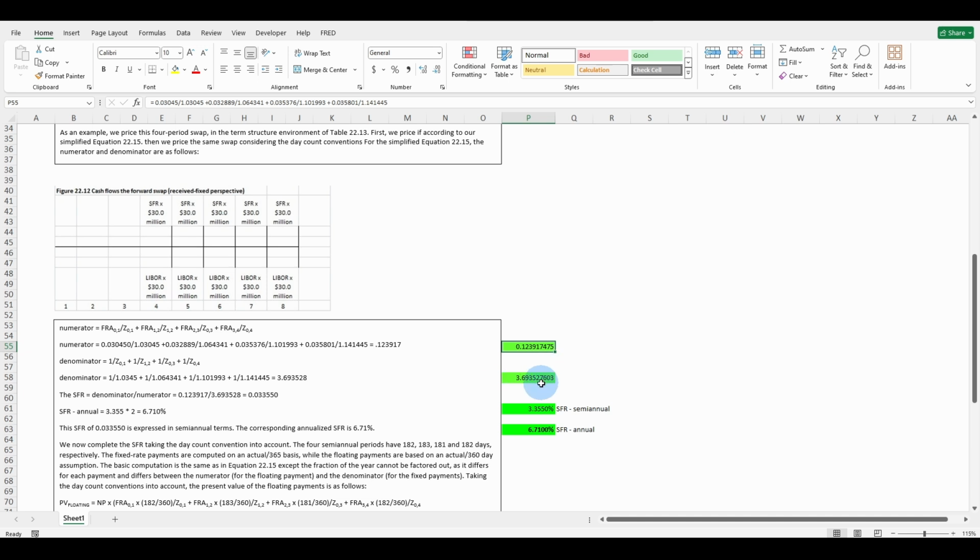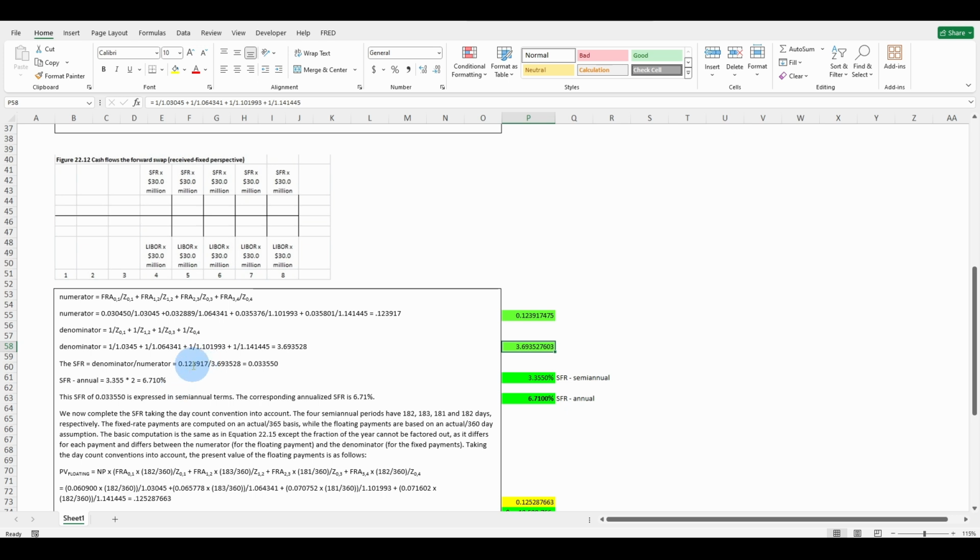So now we have 369,352. The SFR equals numerator over denominator, 0.123917 divided by 3.963 to determine the SFR rate of 3.35%. Annualized, this is going to be this number times 2.